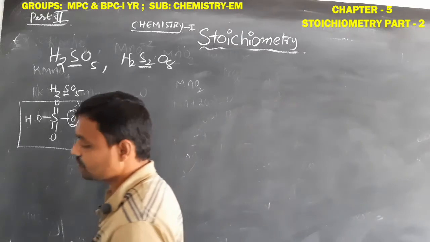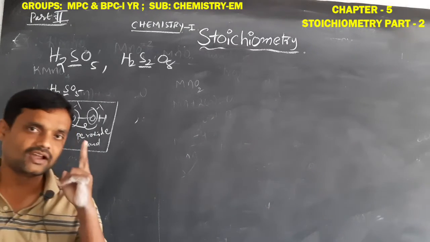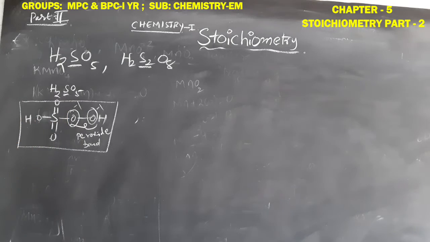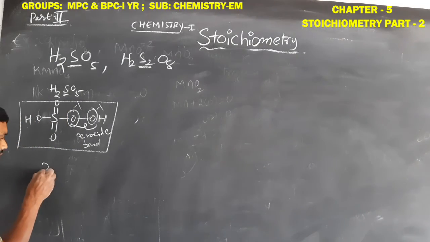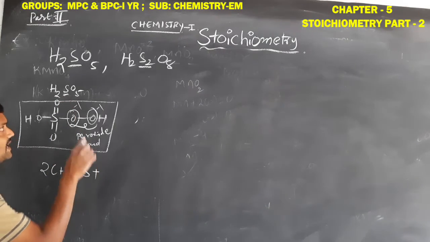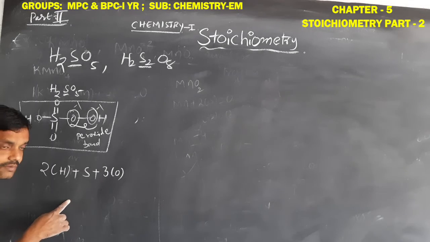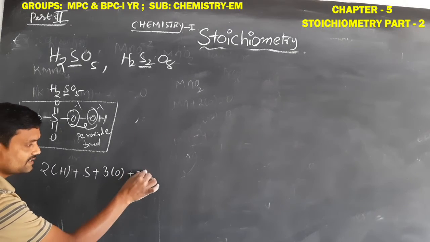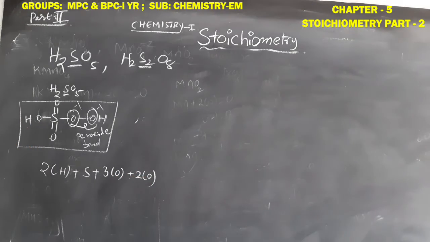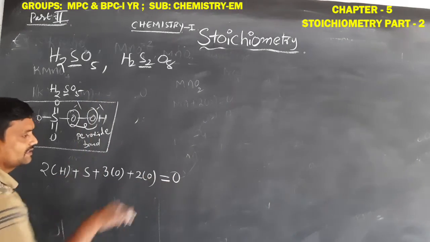So in H2SO5, how many oxygen atoms are involved in the peroxide bond? Only 2 oxygen atoms. So let us simplify it. 2 hydrogens plus 1 sulfur. In these 5 oxygens, 3 oxygens are normal covalent bonds and 2 oxygens are involved in the peroxide bond. So is equal to, charge is 0.